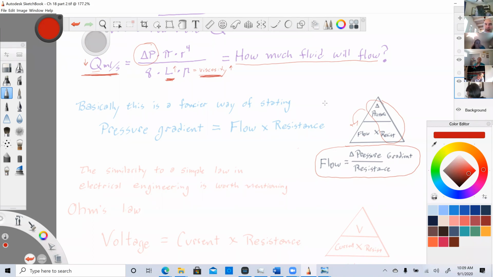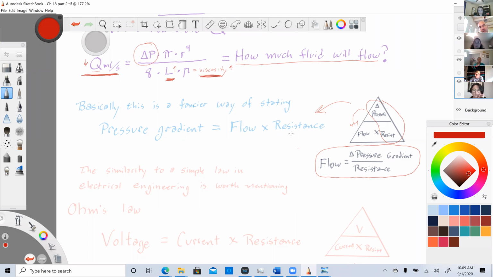Now, the reason why the book wrote it in this way, and I really don't like this way, is because I feel like this is a false premise. Pressure gradient is equal to flow times resistance.